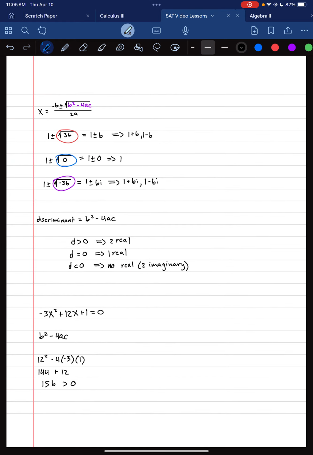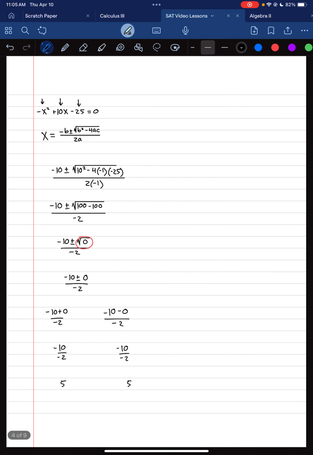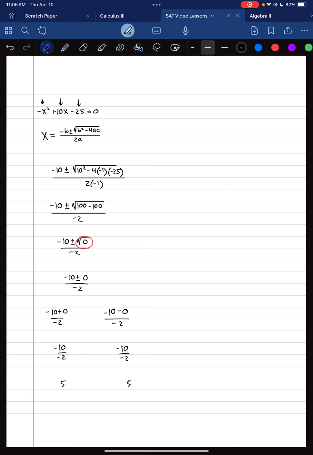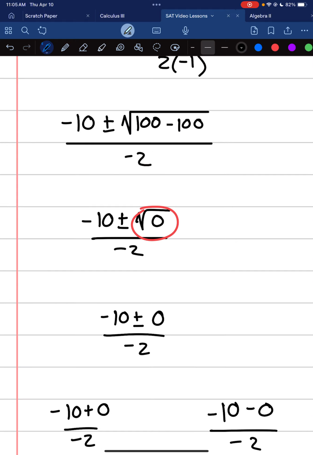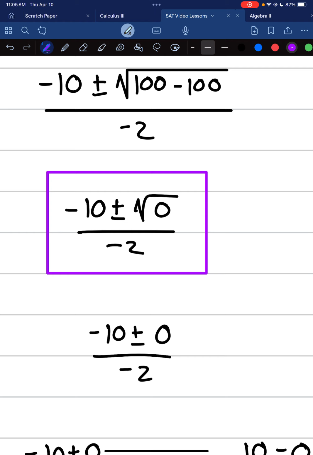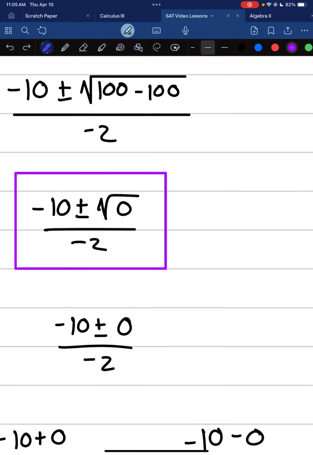So that's one way that you can use the discriminant. Now I'm going to go over one more thing before we look at some SAT practice problems. If we go back to our previous examples, notice how when you solve a quadratic equation using the quadratic formula, your answer comes in this general form, where you have some number plus or minus a radical all over another number.